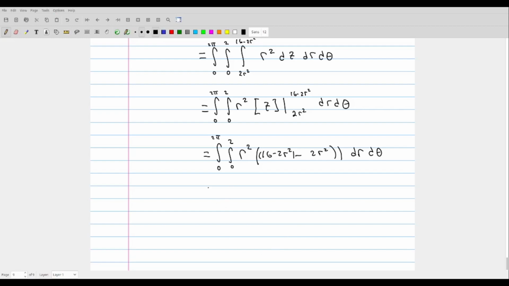And this simplifies to the integral from 0 to 2 pi of the integral from 0 to 2. This will be r squared times 16 minus 4r squared dr d theta.